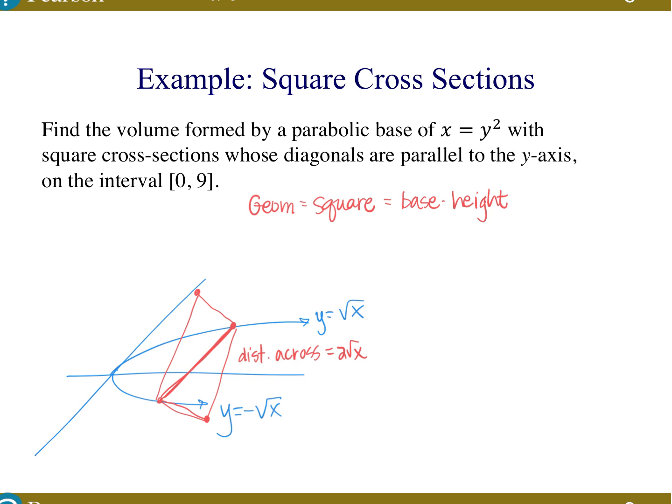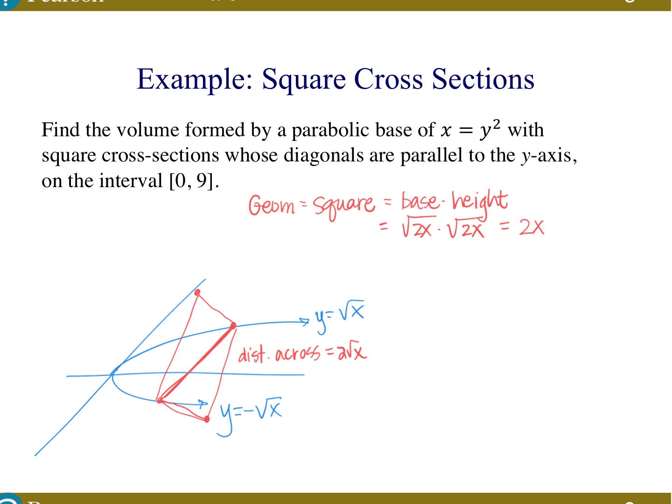So if the base is rad 2x, what does it mean the height is? Also rad 2x. All right, so that's our geometry. So we're going to have rad 2x times rad 2x, which when multiplied together is not 4x, it's plain 2x.